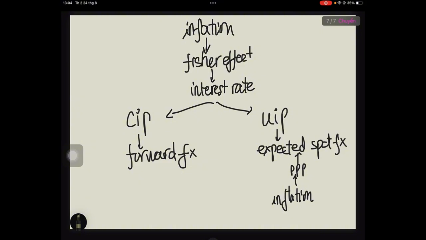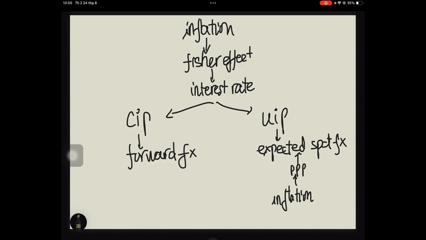Now let's connect everything. Suppose country A suddenly develops much higher expected inflation than country B. First, PPP tells us that country A's currency should be expected to depreciate, and through the Fisher effect, higher expected inflation tends to produce higher nominal interest rates, and through UIP, the higher interest rate is associated with the expected currency movement that offsets the interest rate advantage.